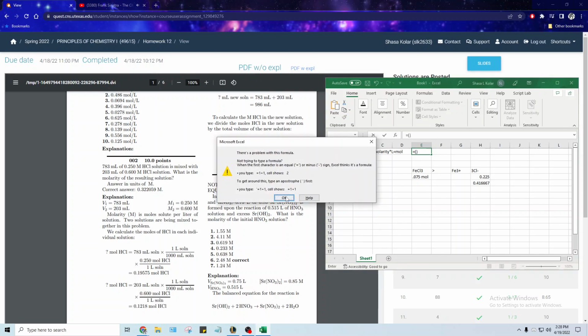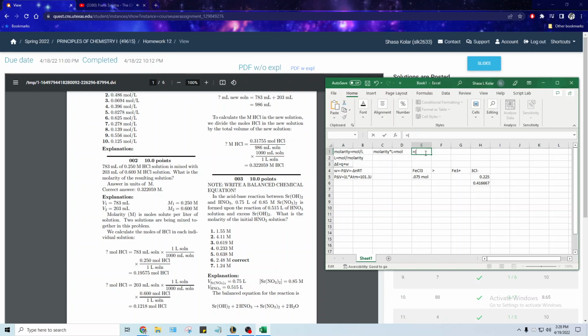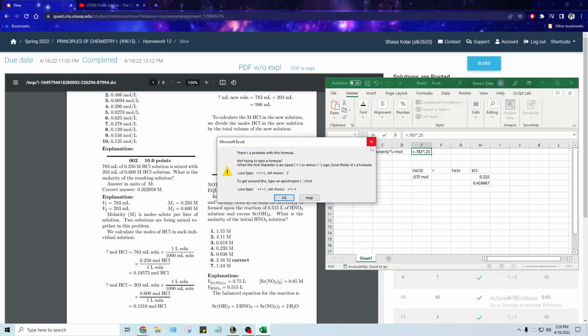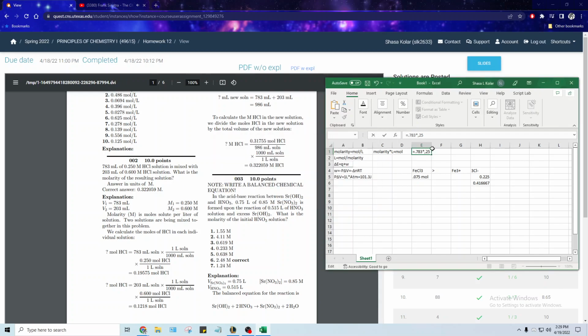Oh, yes, I know. Let's split it up. So let's not do it all at once. So it's 0.783 times 0.25. Oh, whoops, I typed that in. There we go. That works. Okay. So that gives us 0.19575 moles of HCl. Oh, wait, let's get rid of this.